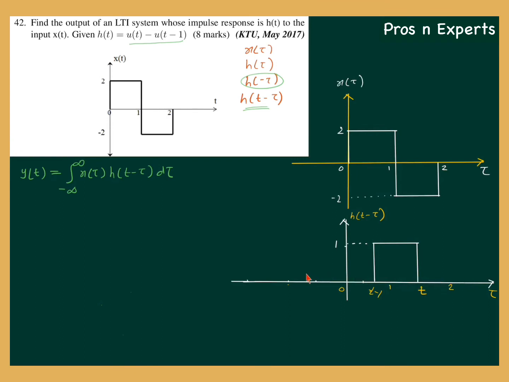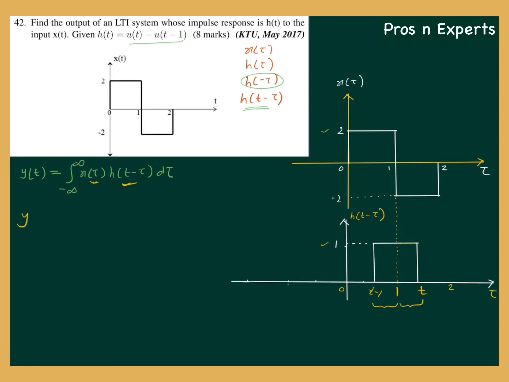At all other times this signal is 0, so the product will be 0. Again there's a catch, because for the first time we are dealing with a signal which has a negative pulse, right? What you need to know is x of tau has an amplitude change at t equal to 1. This is t equal to 1.